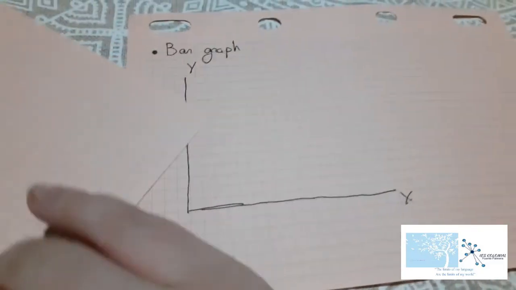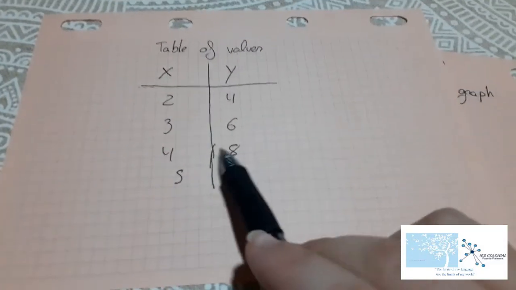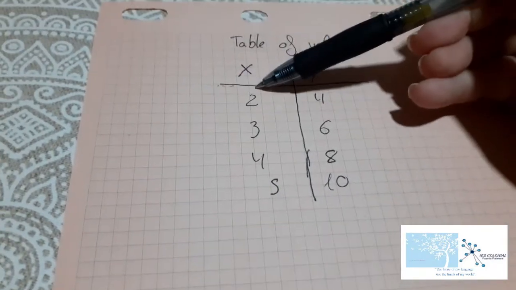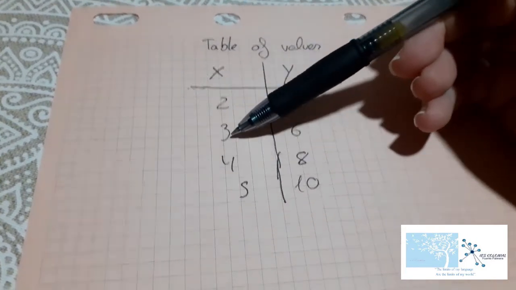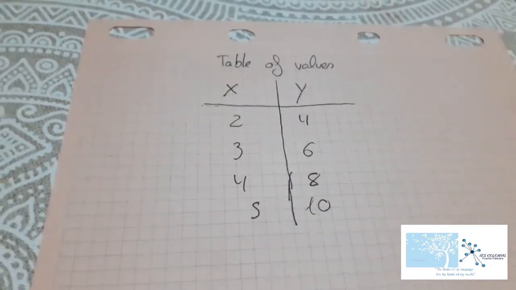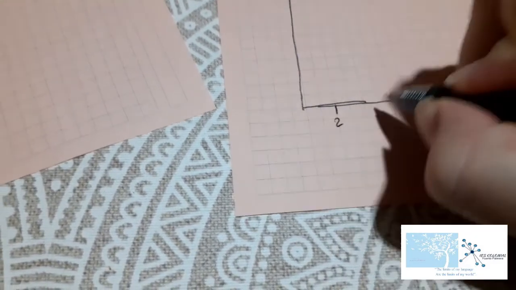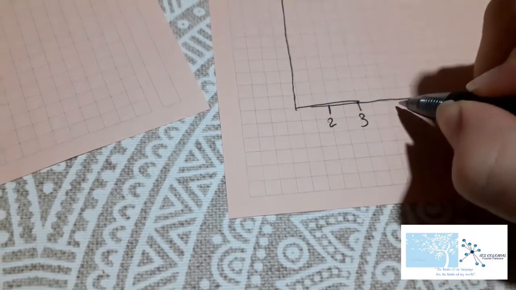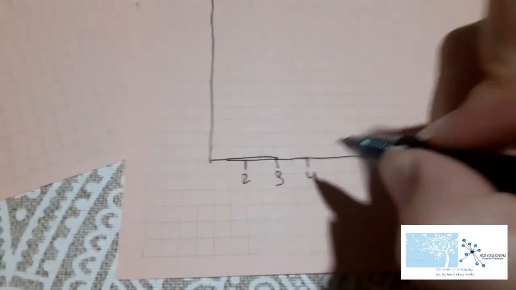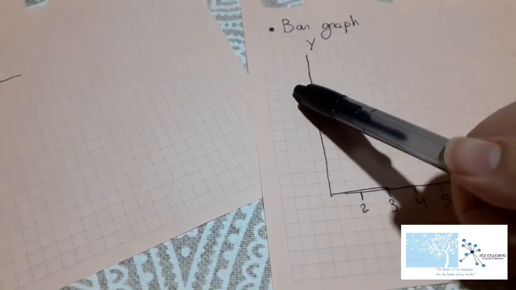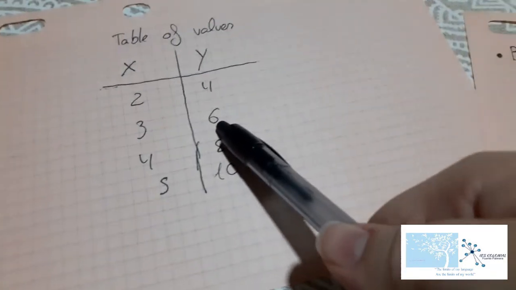Now we put the values in the graph. In the x-axis, we will put these values, and in the y-axis, we will put these values.